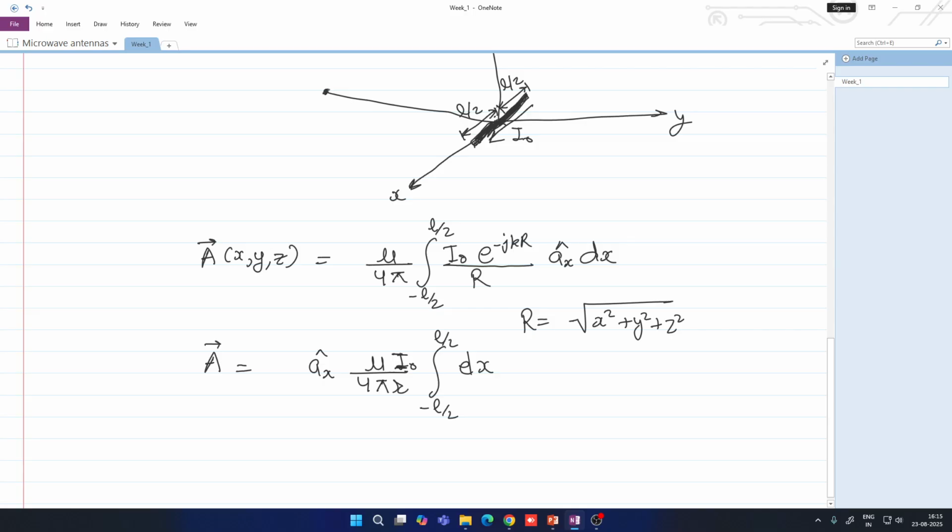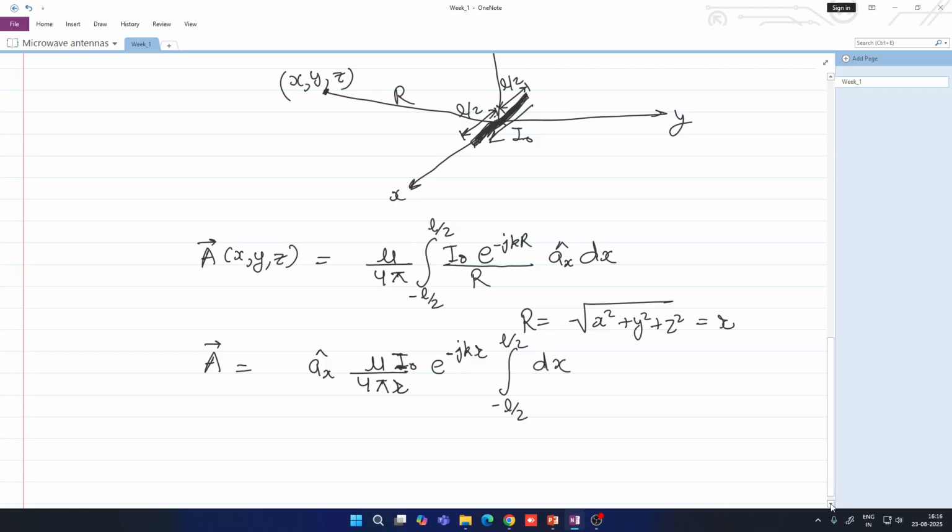So r is a position in free space whose coordinates are x, y, z, and its distance from the origin is r. We denote it as a small r, with e to the power minus j k r, integrated between the limits minus L by 2 to L by 2, dx.